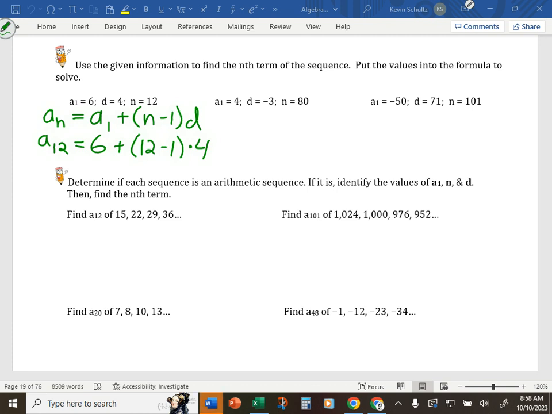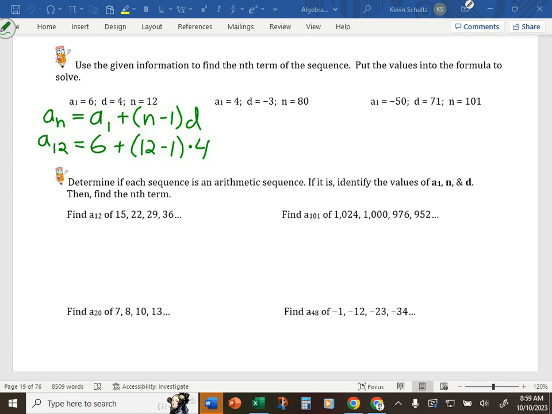Essentially meaning that we're starting at 6 and we're adding 4 11 times. Why 11? Because 6 is the first term. We want the 12th term. It takes 11 hops to get there. That's why the minus 1 is there.